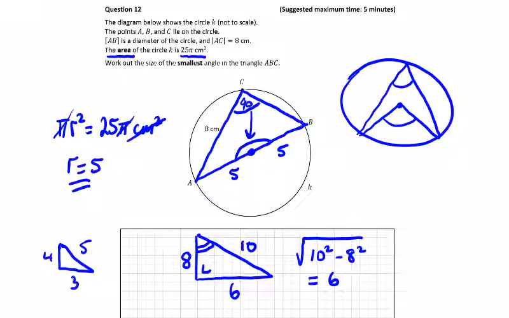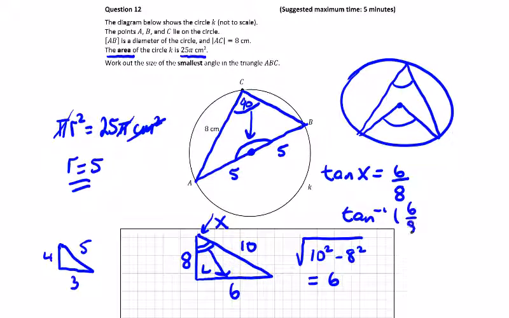Let me call the angle X. The tan of the angle X is equal to opposite over adjacent, and the inverse tan of 6 over 8 or 3 over 4, doesn't matter which ratio you use, will give me the size of the angle to be 36.87, corrected to 2 decimal places, so we'll call it 37 degrees for the smallest angle in this triangle.